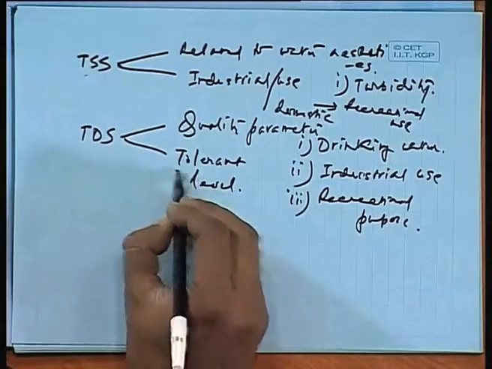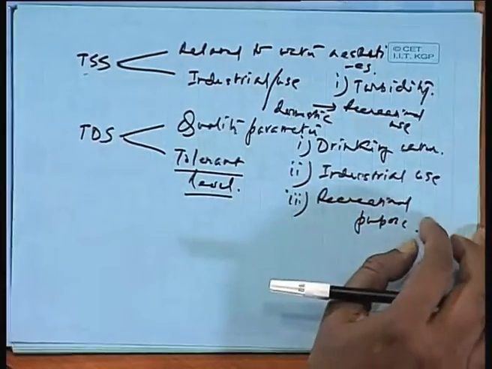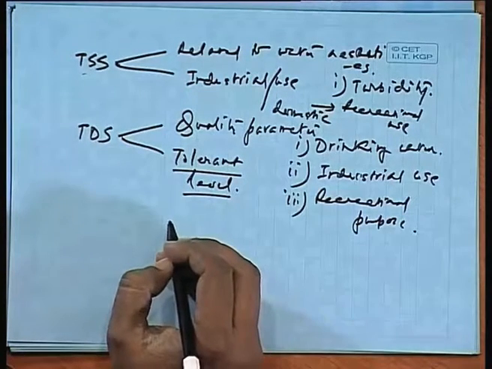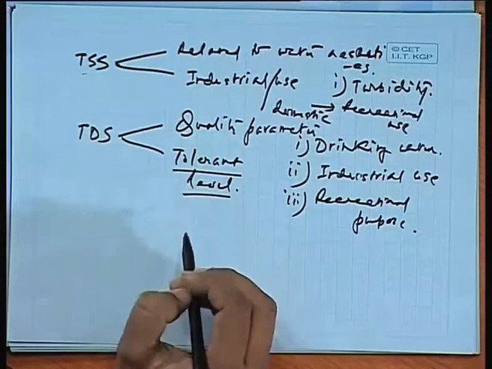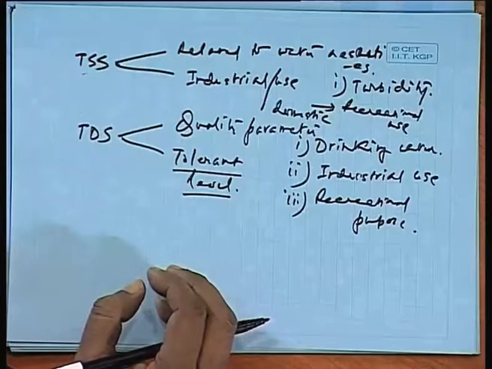So, tolerance level is specific to every species, both in the plant kingdom as well as in the animal kingdom. They have a certain tolerance to the TDS.